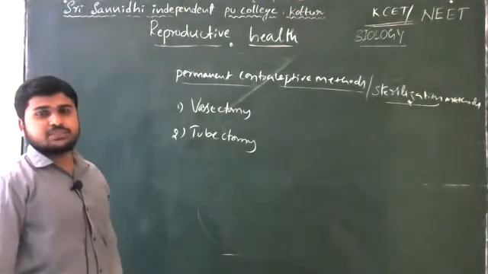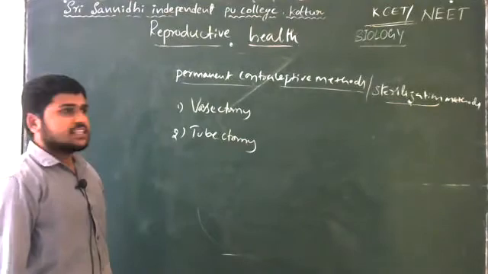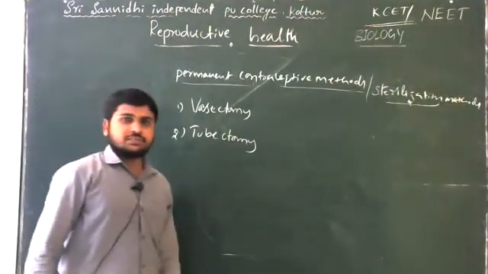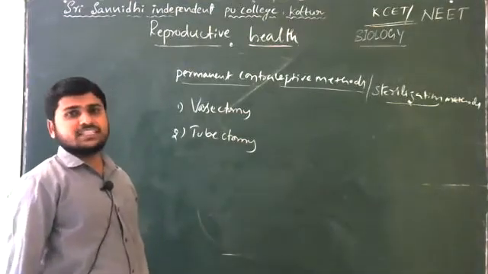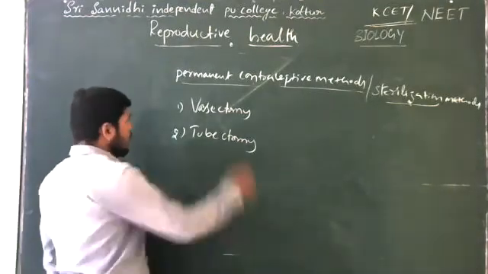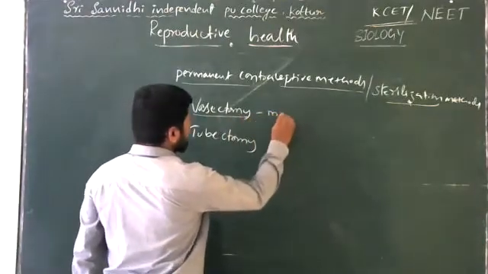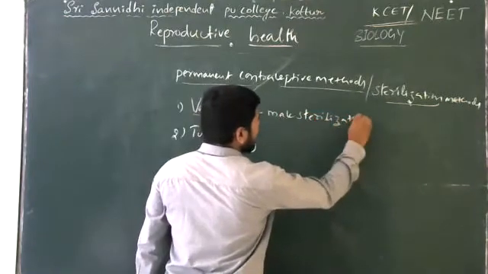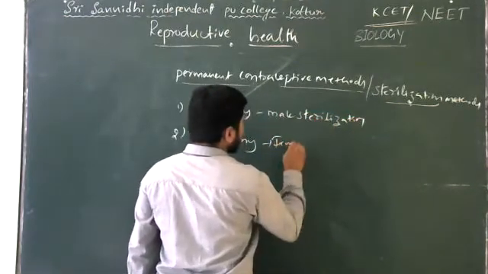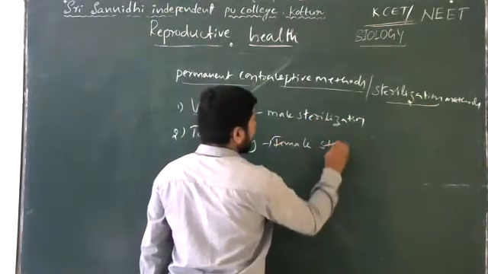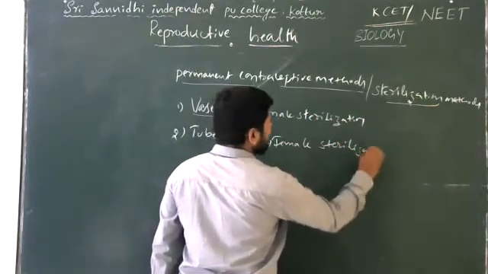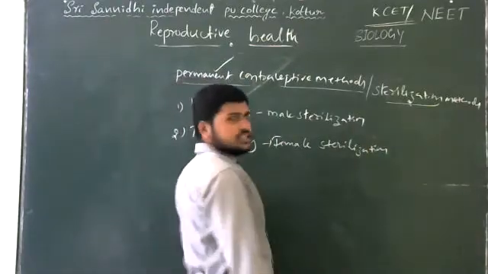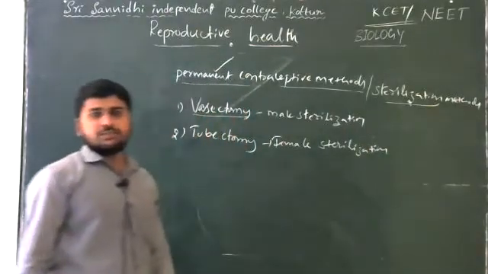Prevention of conception is called contraception, and the scientific methods we adopt for contraception are called contraceptive methods. Vasectomy is male sterilization. Tubectomy is female sterilization. These permanent contraceptive methods are the last options for contraception by the couples.